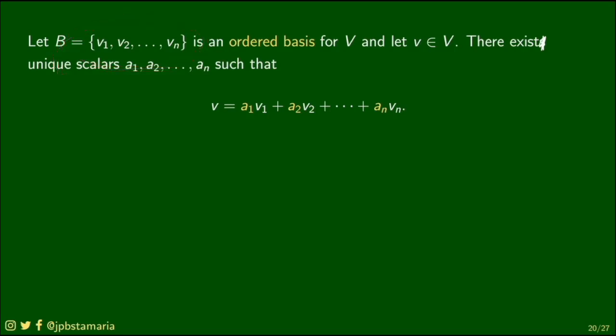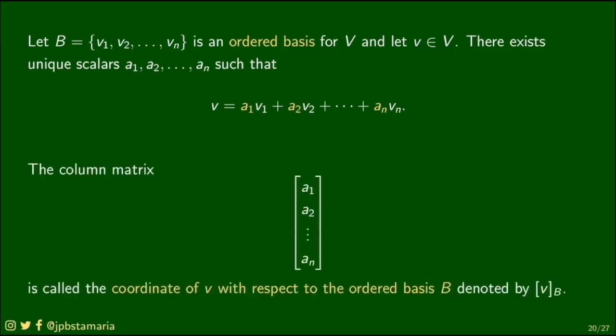To put them in one coordinate, we use a column matrix. If we place all these unique scalars in a column, we call this the coordinate of v with respect to the ordered basis B. Of course, the constants found in this column matrix depend on your selection of basis. If one changes the basis for V, then you get another set of scalars for the vector v.